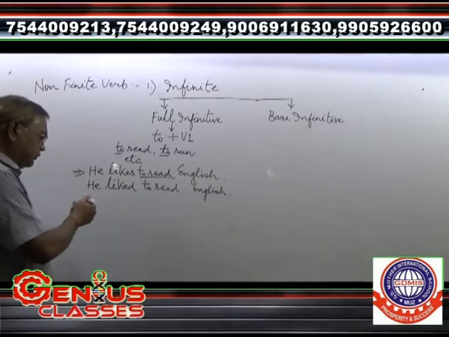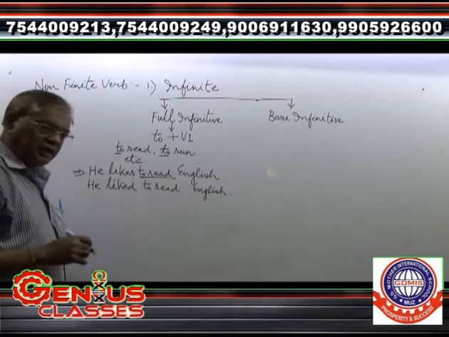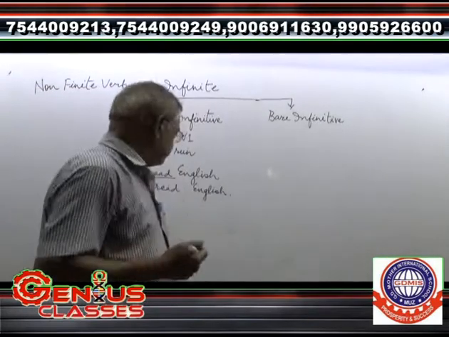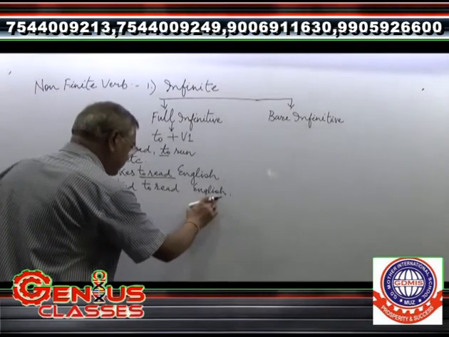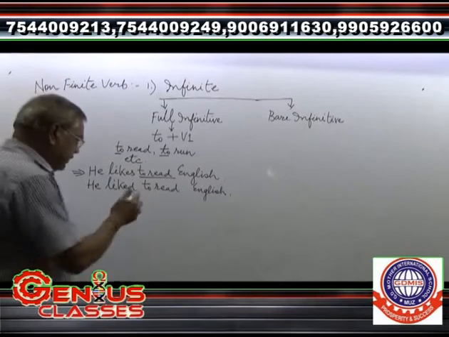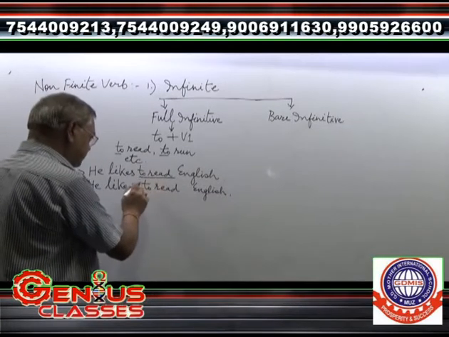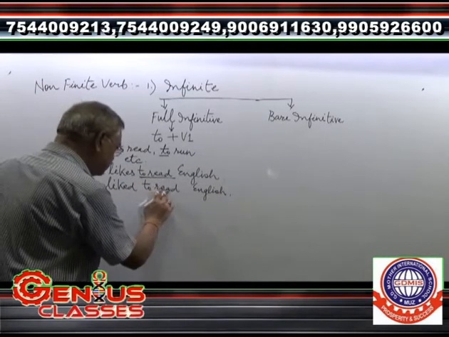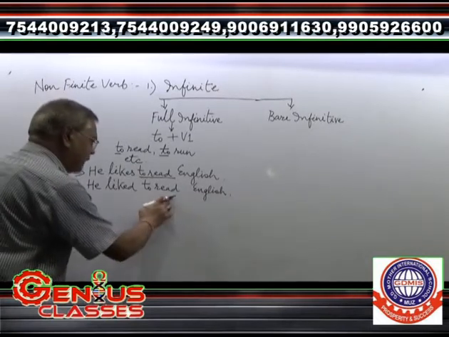In case of the second sentence, the word liked is the second form of the verb in the simple past tense. So he liked to read English. So what did you observe? That the infinitive, whatever has been used in simple present, to read, in simple past, to read. In case of future, also it will remain the same.